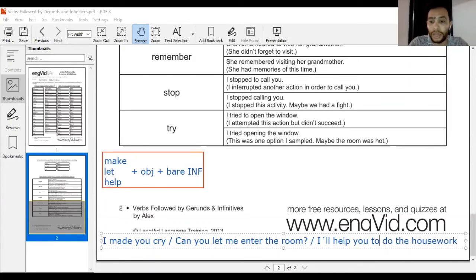You can also use it like this. Take a look. I'll help you to do the housework. I mean, yes, you can say it. Maybe it's not like, well, people use it. So you can use the one you like. But the one that is more common is like this, right? Without the preposition to, I mean, with the verb infinitive. So these are examples of these verbs right here.